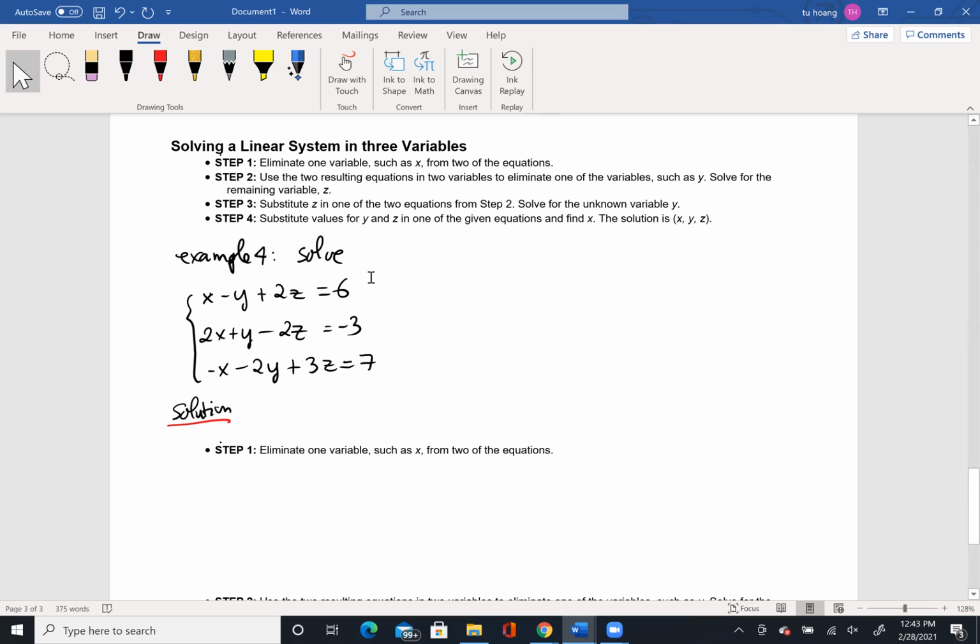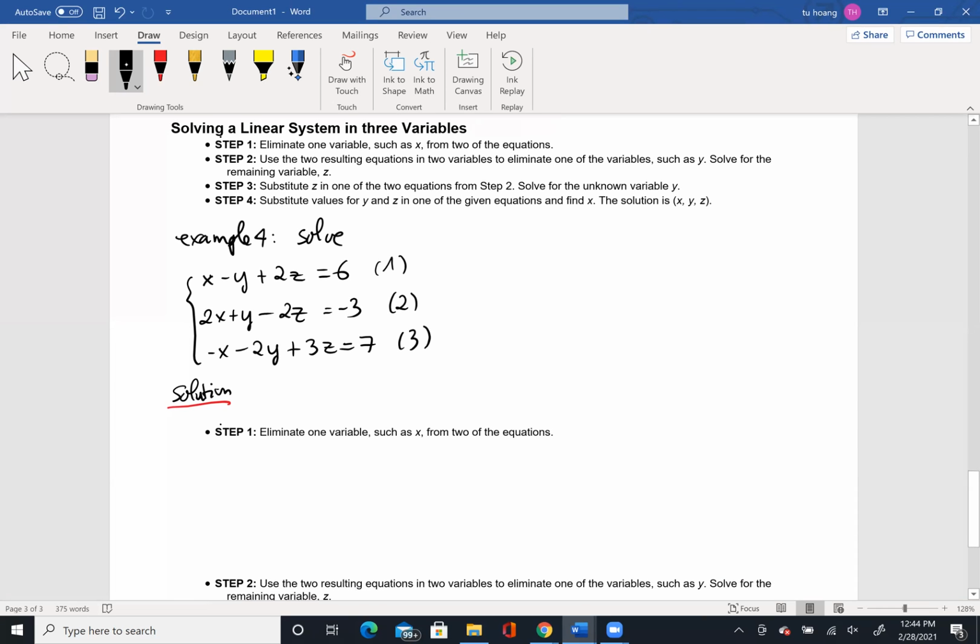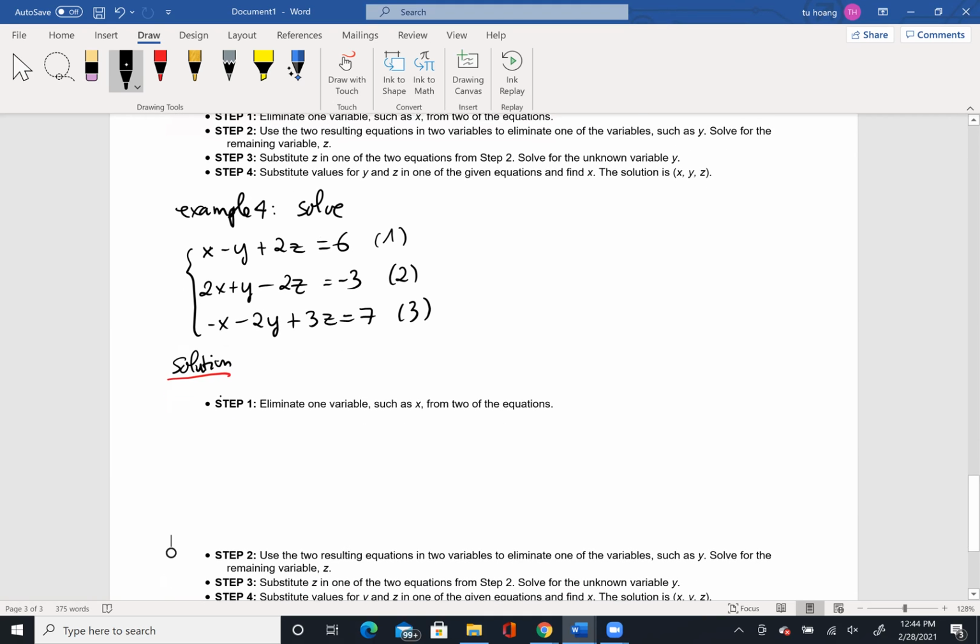I'm going to use the first one and the second one. Here's 1, 2, and 3, right? You know what, the easier way, I would like to use the second and the third one.